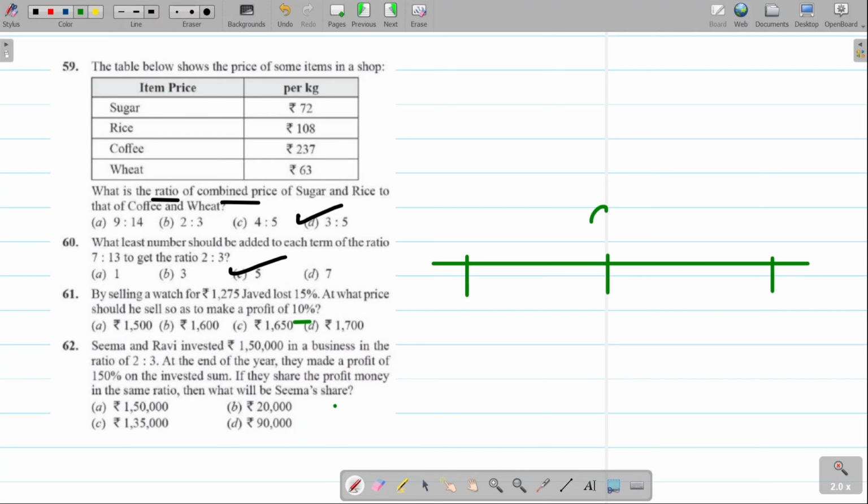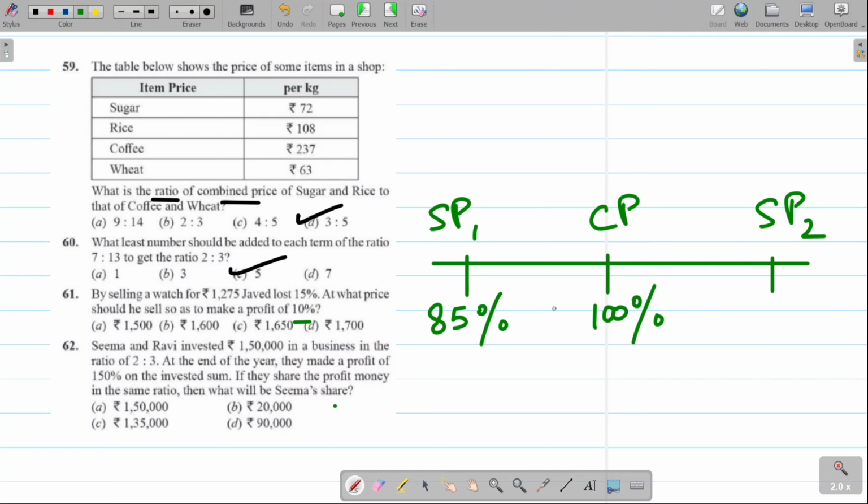This is the cost price, and this is the price at which he has sold and lost some amount. We know that cost price is basically 100% of an item. If he had sold at a loss of 15%, it means he had sold it for 85%. And we are asked to sell at a price on which we'll make a 10% profit. So basically we need to sell it at 110%.